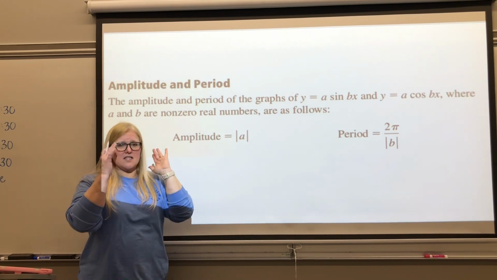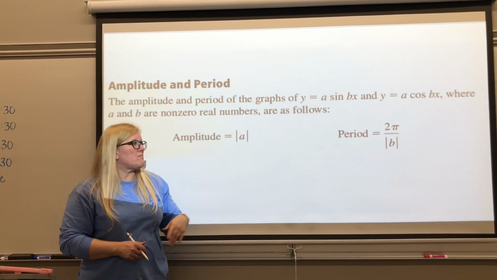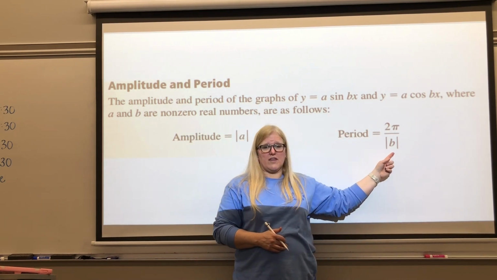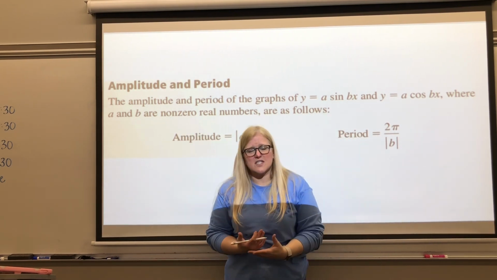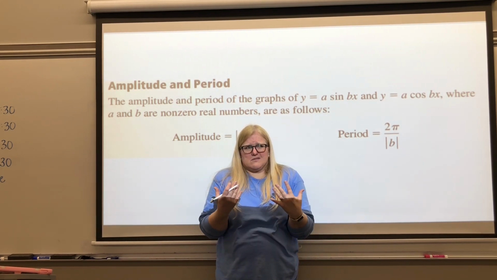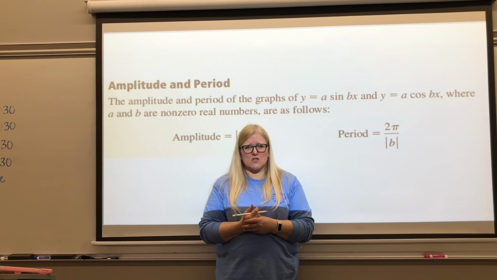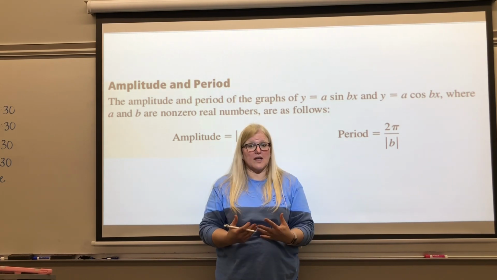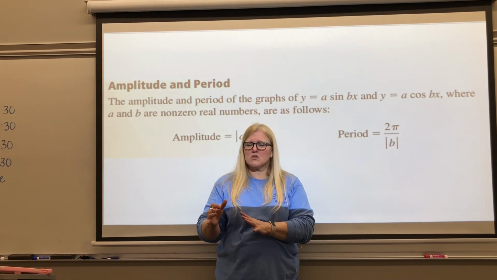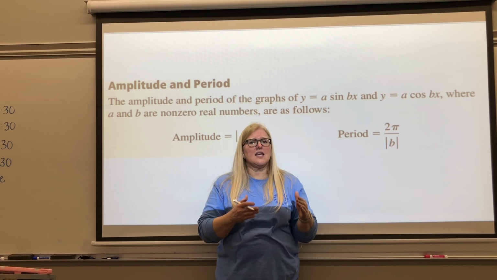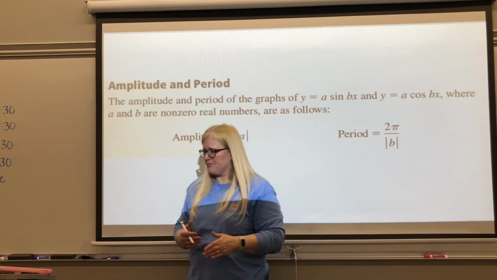So a is the amplitude. But the period is 2 pi over the absolute value of b. And most of the time, b is positive anyway, so you really don't need to worry about that too much. Just remember 2 pi over b when you're finding the period, okay? Amplitude is a. That one's easy. When you're trying to find the period, it's 2 pi over b.